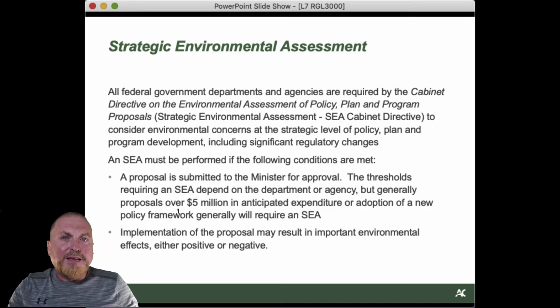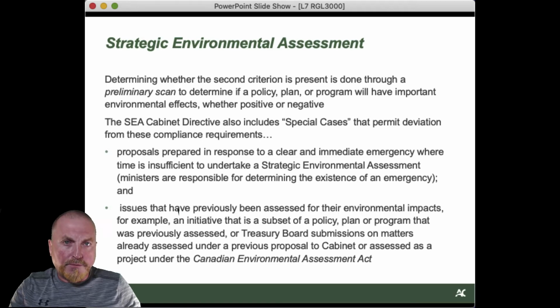So any major regulatory change that could have significant positive or negative effects on the environment, when you send that regulation up for approval to Cabinet, is going to require an SEA. So obviously regulators need to be aware of that.